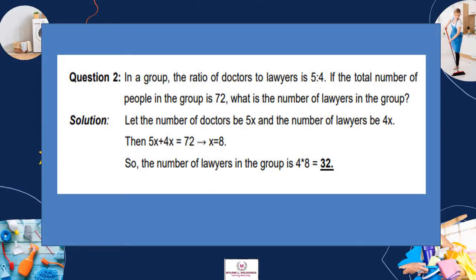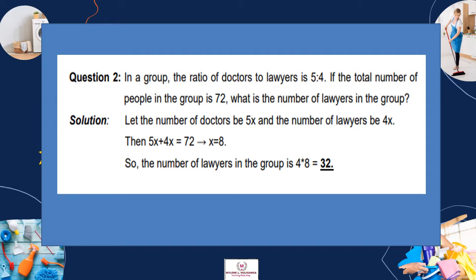Question number 2. In a group, the ratio of doctors to lawyers is 5:4. If the total number of people in the group is 72, what is the number of lawyers in the group? Solution. Let the number of doctors be 5x and the number of lawyers be 4x.